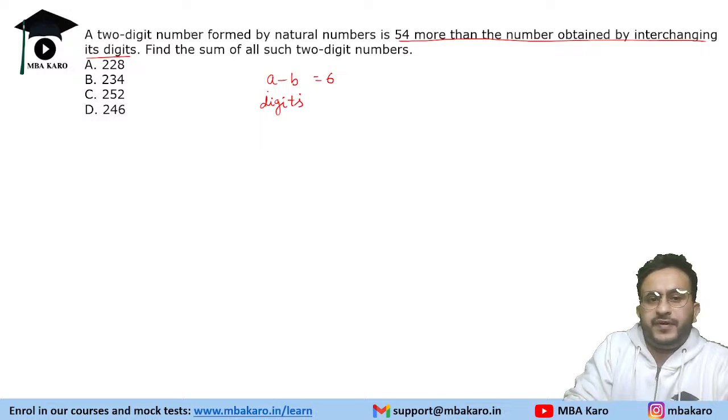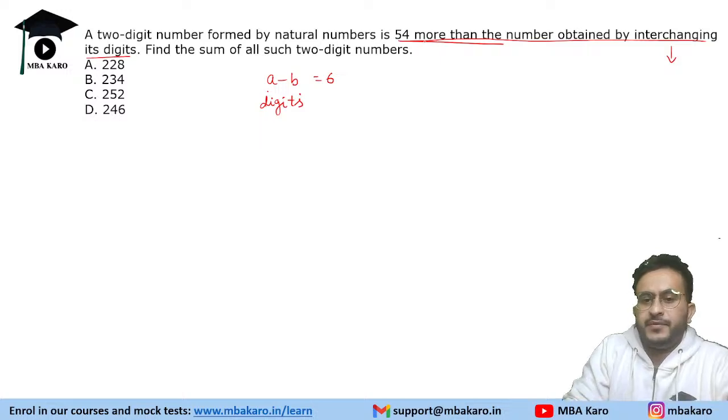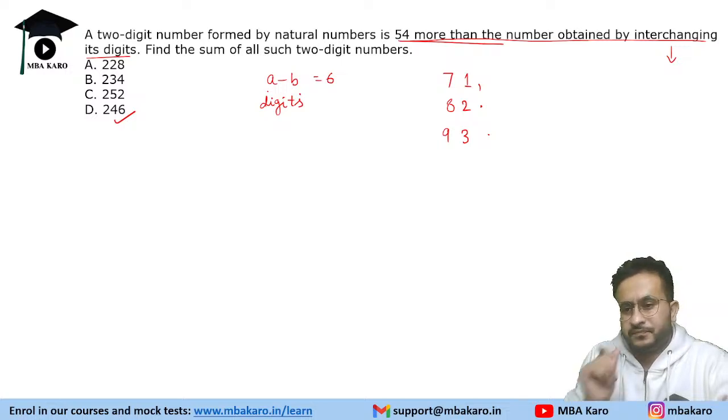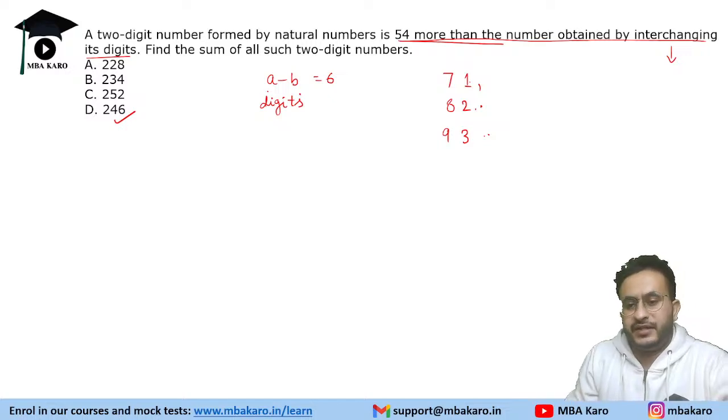We need to find the two digit number that is 54 more than the number obtained by interchanging the digits. That means the interchanged number is smaller, so the first digit would be greater. So we will get the numbers 71, 82 and 93. Addition will give 246. So three numbers we will get, 71, 82 and 93.